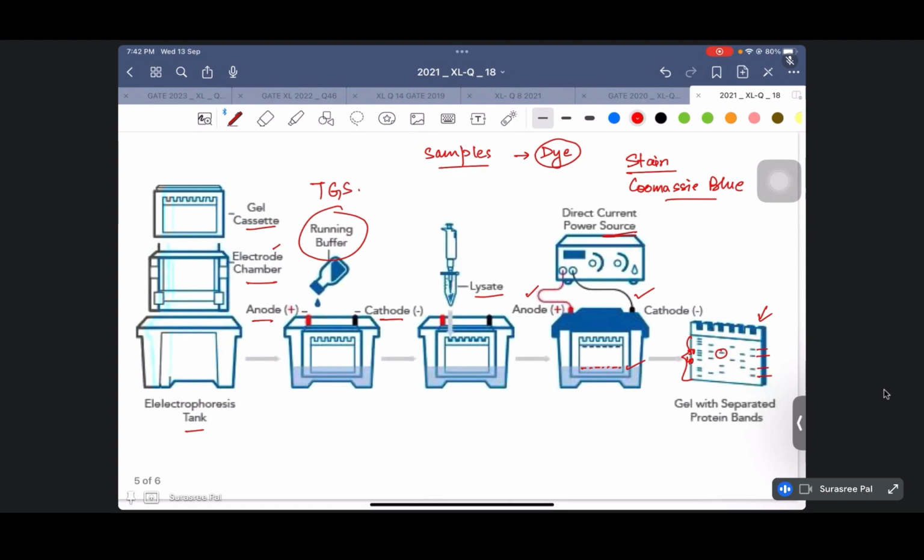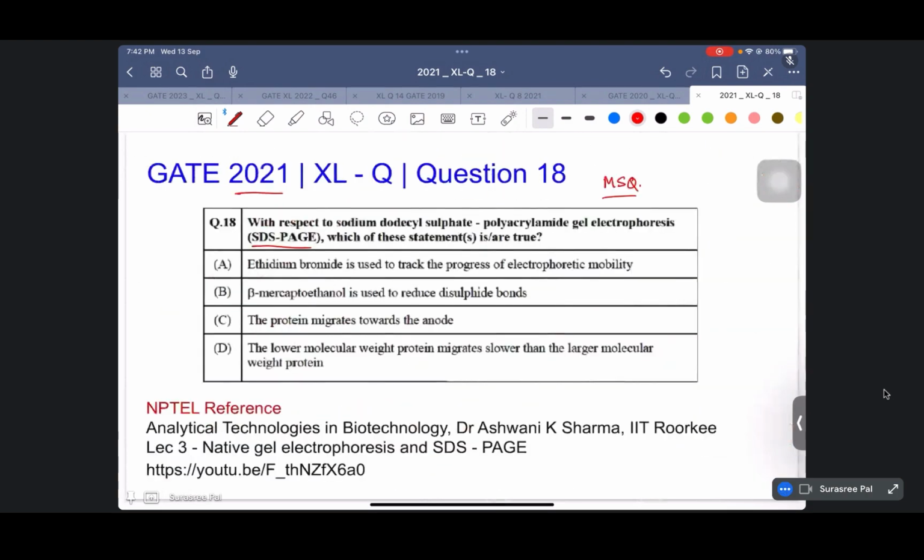Now coming back to the question once more, which of these statements is true. The first option was that ethidium bromide is used to track the progress of the electrophoretic mobility. Here it is correct, but it is not correct with respect to SDS-PAGE. So be very careful, because this option is given here to trick you.